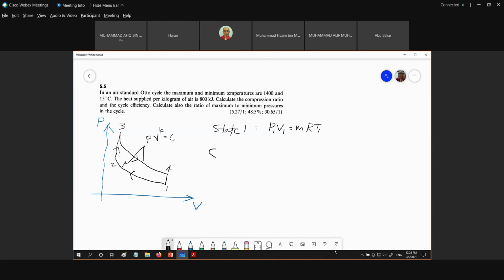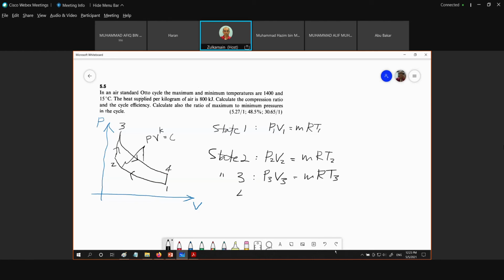At state 2, we have the ideal gas equation of state P2 V2 equal to mRT2. For state 3, P3 V3 equal to mRT3.